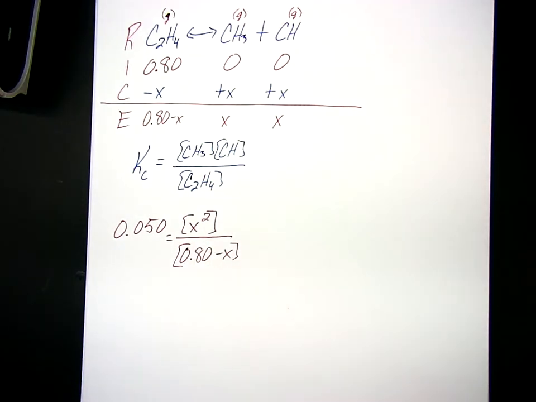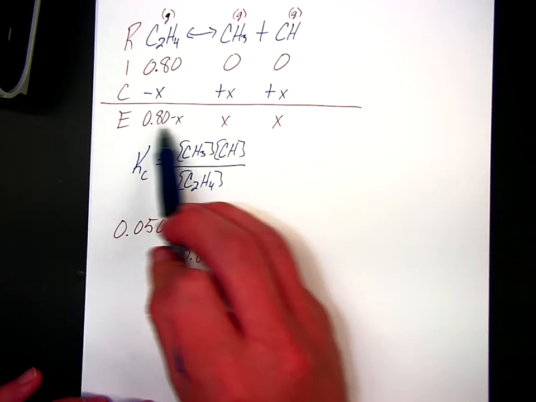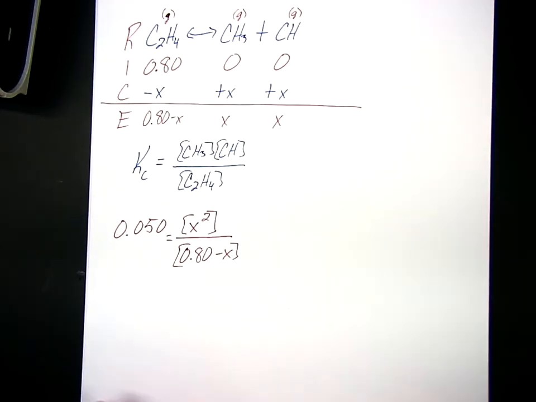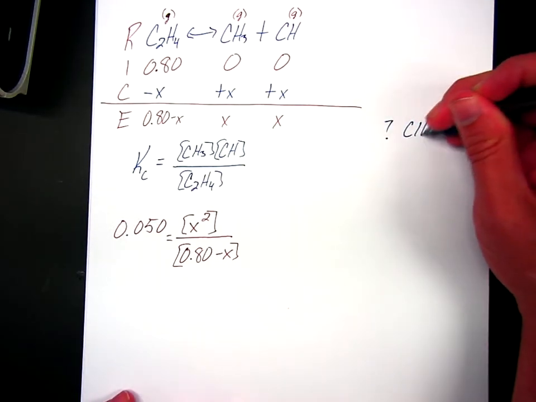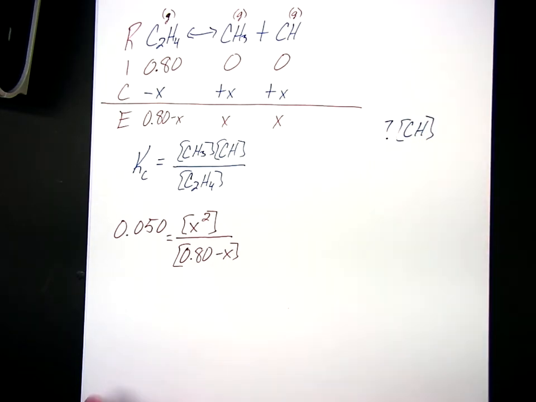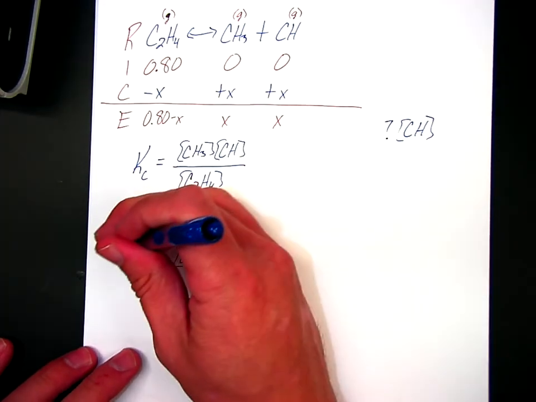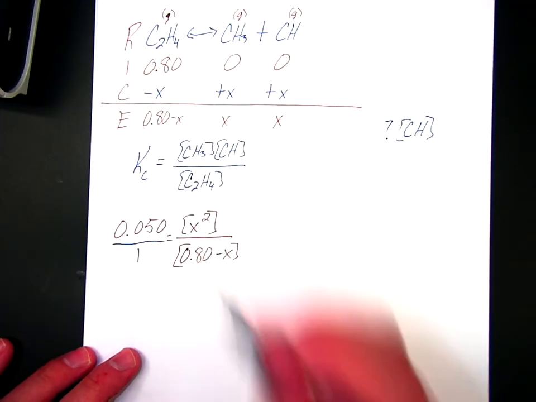Now we need to solve, because remember, we want to know the equilibrium concentrations. Actually, it's specifically asking for the CH, which is one of the products, so that's what we want to find. So we need to locate that X there, and we've got to solve for it. I'm going to put the K over 1 and cross multiply.